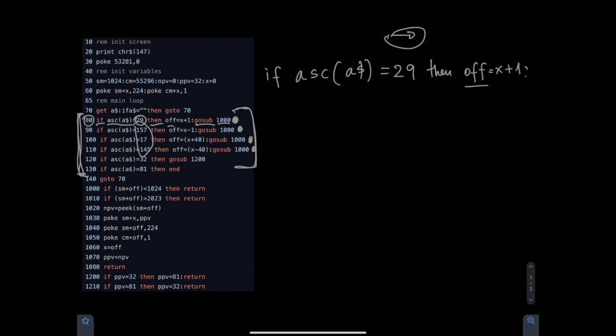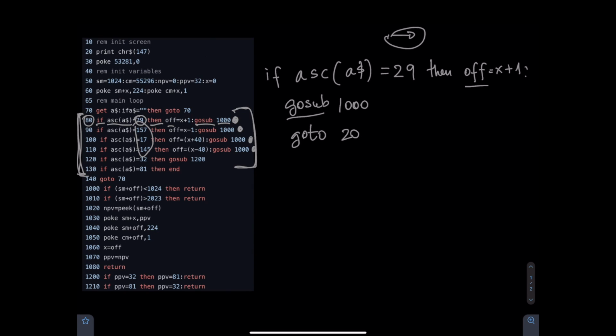Then we have column. Another command is gosub 1000. Well, what is gosub? I don't know exactly how that would be pronounced. The important thing is that this is very similar to goto. The difference is that with goto, for example, if I go to line 20, it will go there and that's it. And that will continue the execution of the program from line 20. But what gosub does is something similar to a function that returns something.